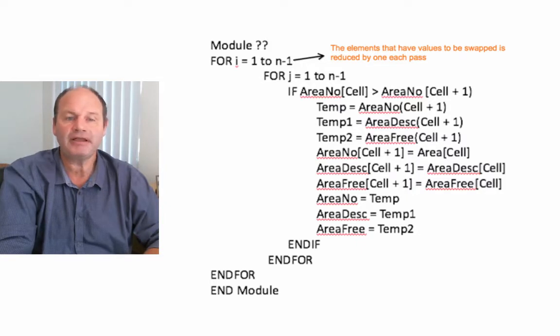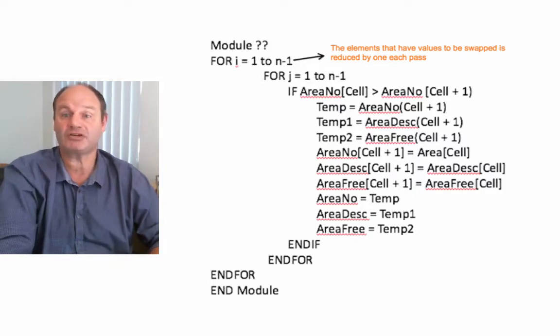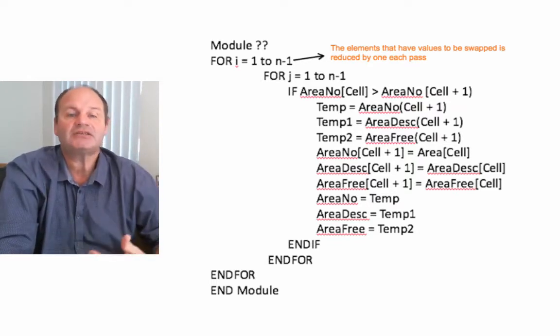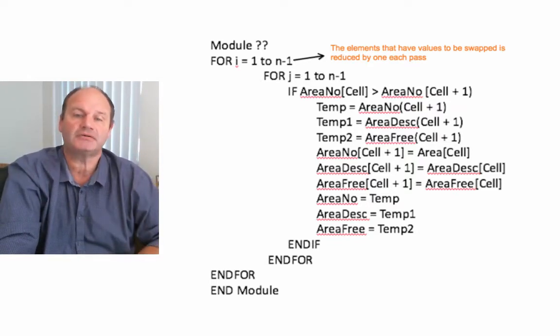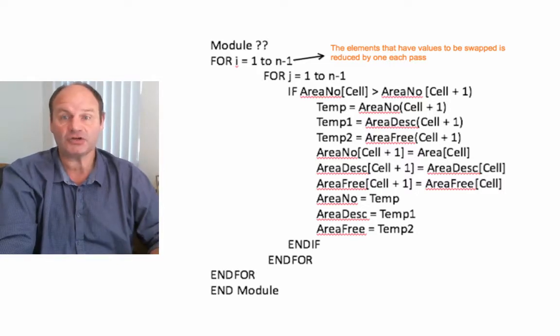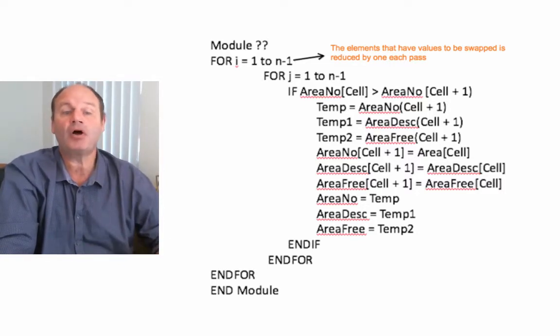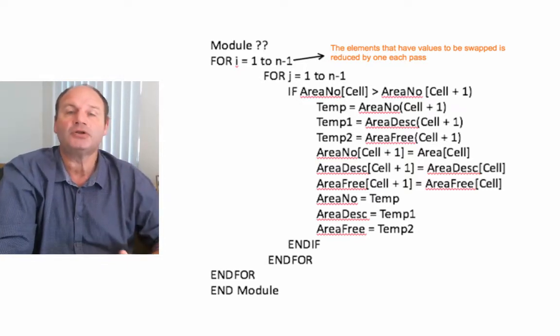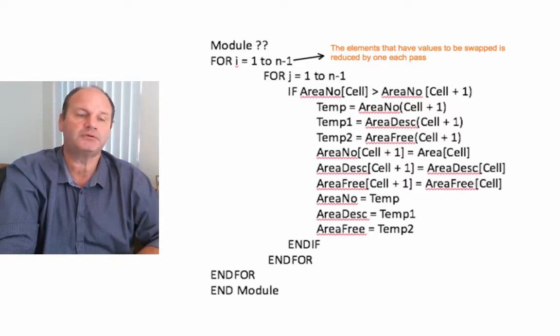As you have seen in the previous slide, the sorted group gradually gets larger after each pass, which means there is less to sort with each pass. So, efficient code is needed to make sure that the program does not have to look over values that have already been sorted. To do this, we use two nested for loops.